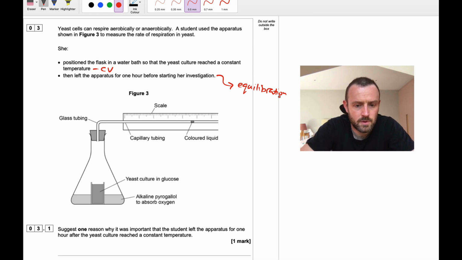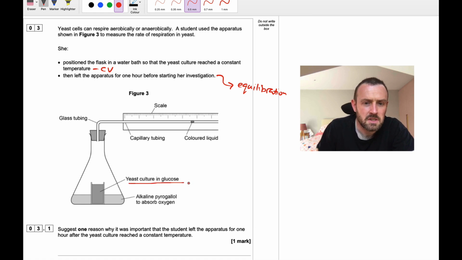Okay, so what have we got here? We've got coloured liquid, capillary tubing. There's a beaker within the conical flask. That's the yeast culture in glucose. I presume that's a glucose solution. And then we've got some alkaline pyrogallol to absorb oxygen.